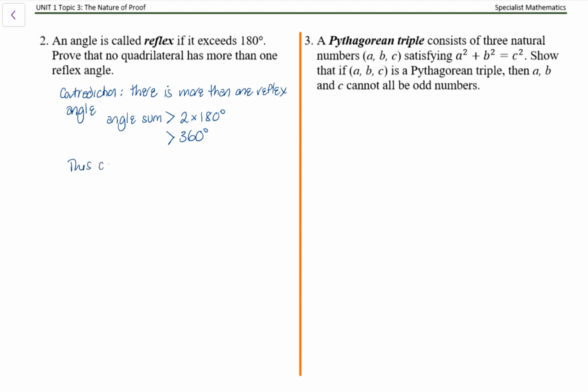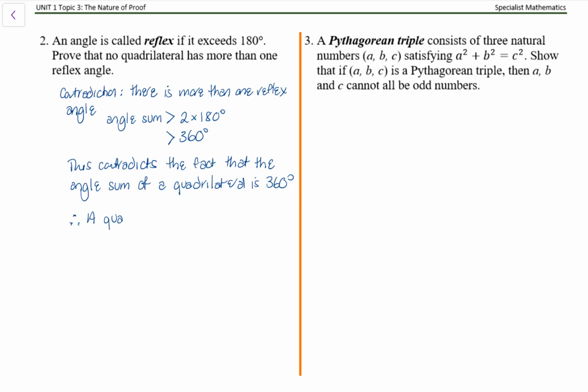So this contradicts the fact that the angle sum of a quadrilateral is 360 degrees. So therefore a quadrilateral can't have more than one reflex angle.